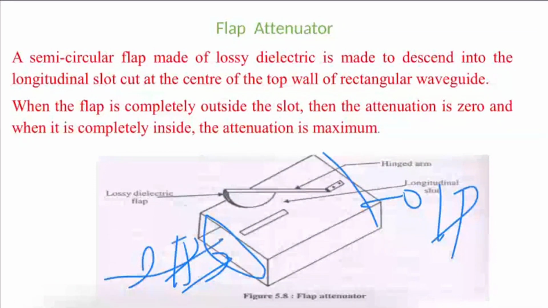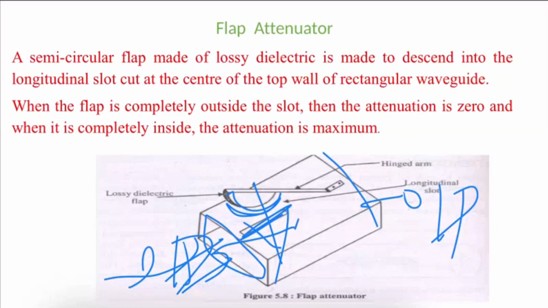Whenever the signal enters from a microwave source into the attenuator, here this is the flap which is movable, and this flap will be inserted inside this hollow structure. Depending upon how much percentage the flap has been closed, the attenuation will take place and only the remaining signal goes to the output port.